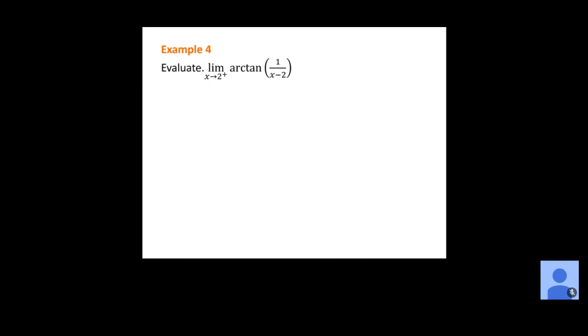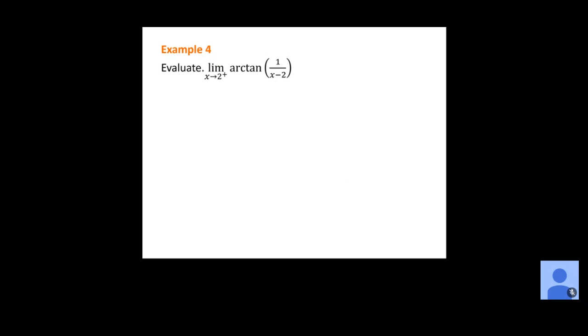And specifically, it's going to be approaching positive infinity, right? Because as I get closer and closer to 2 from the right-hand side, this denominator is getting really, really close to 0, and 1 over that really small value is going to blow up really fast and approach positive infinity.